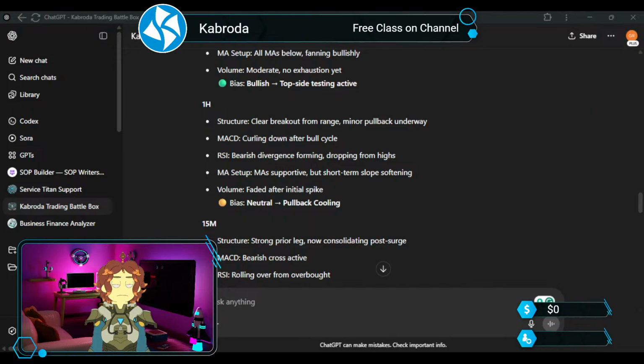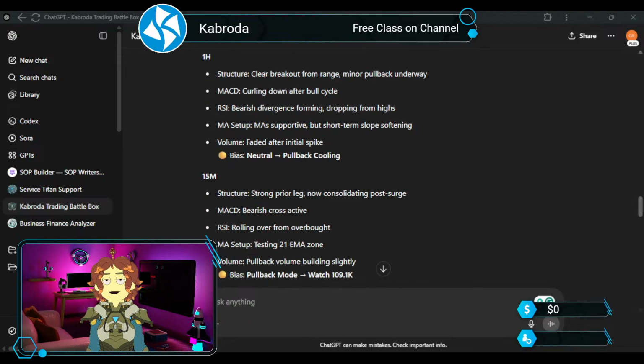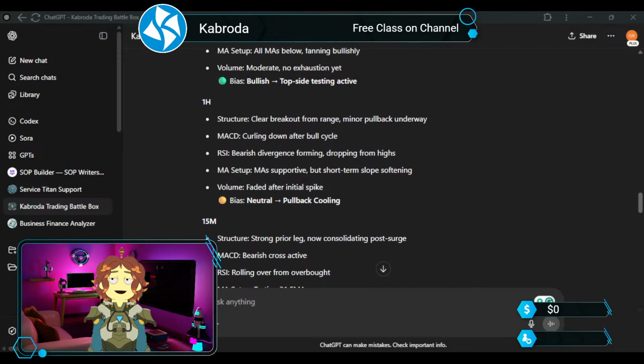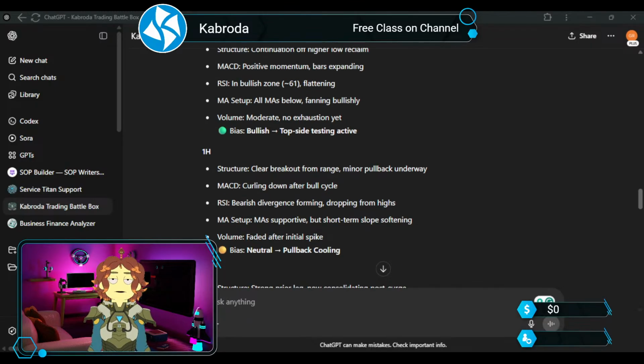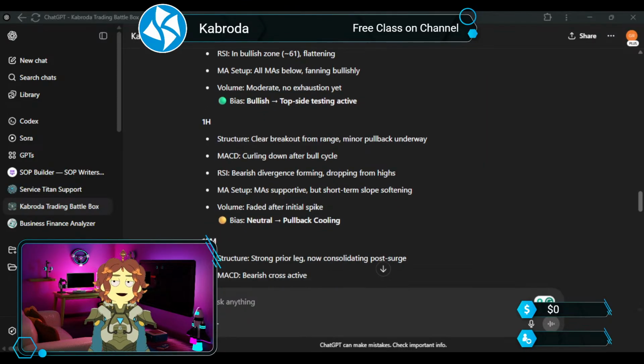Typically when that happens, the price is going to dump back down to check the zones of wherever the rest of the MAs are. MAs are supportive, but short-term slope softening. So it's good right now because it's above the 21, but if it starts to fall below the 21 on here, we're gonna go down.